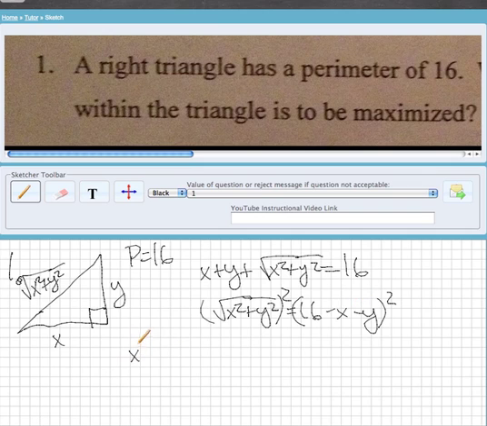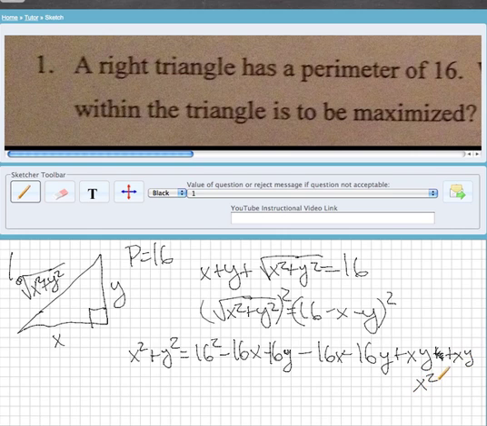So now it's going to be x squared plus y squared equals 16 squared minus 16x minus 16y, and then minus 16x again, minus 16y, and then plus xy, another xy, and x squared plus y squared.